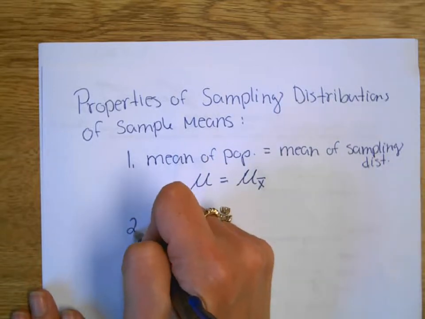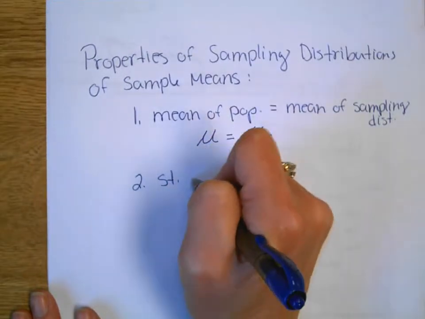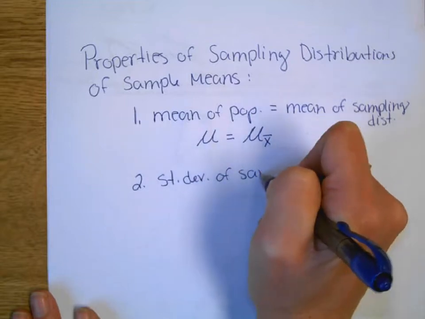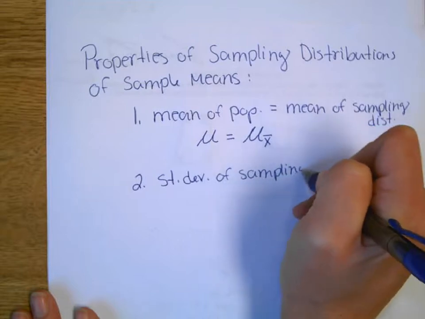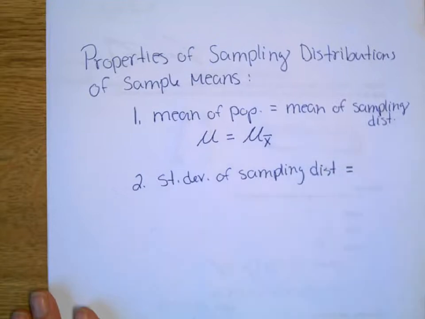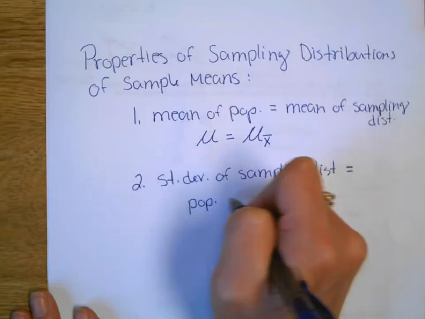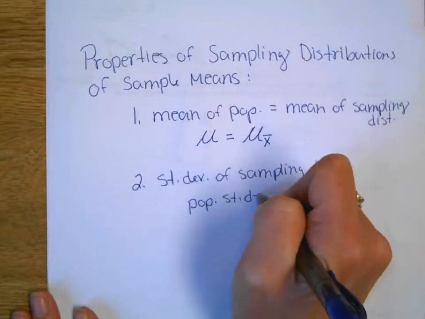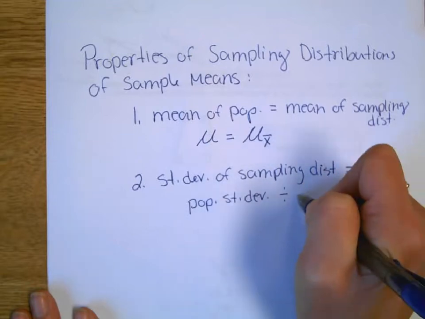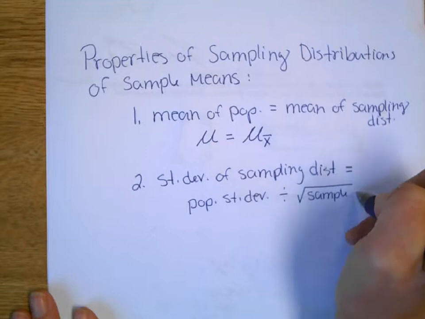And then the second property was that the standard deviation of the sampling distribution is equal to the population standard deviation divided by the square root of the sample size.